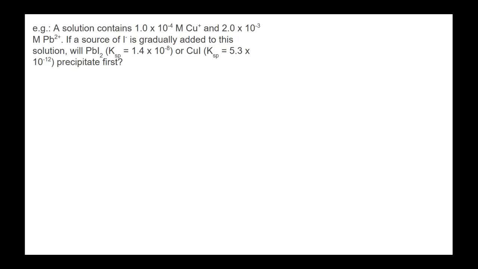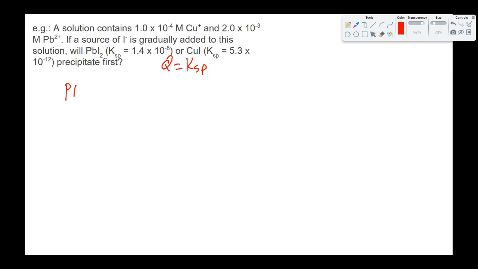Well, the precipitate will form when the solution first becomes saturated, and that will happen when Q is equal to KSP. So for PbI2, that will occur when Q, which is concentration of lead 2 times concentration of I- squared, is equal to KSP.